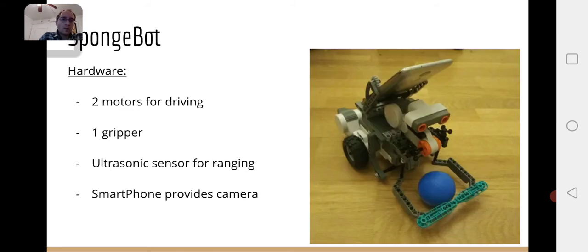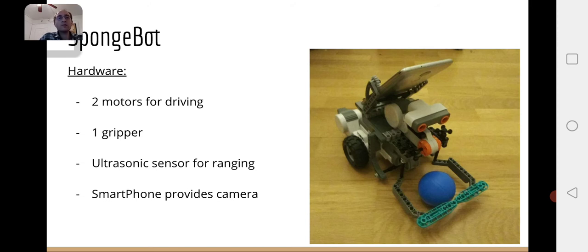So we moved this further with a simple Lego robot example. In this case, the hardware is essentially two motors for driving, so it can drive forward, to the left, and to the right, and a gripper in order to catch and release objects.